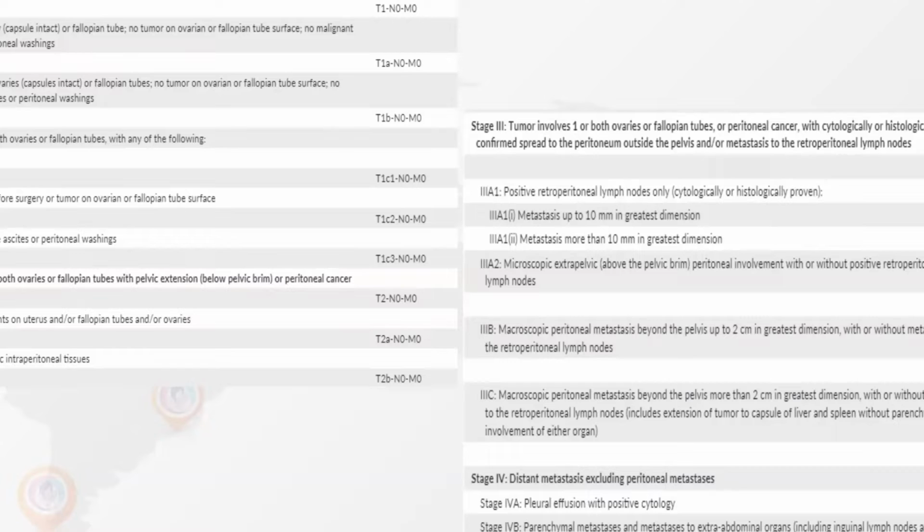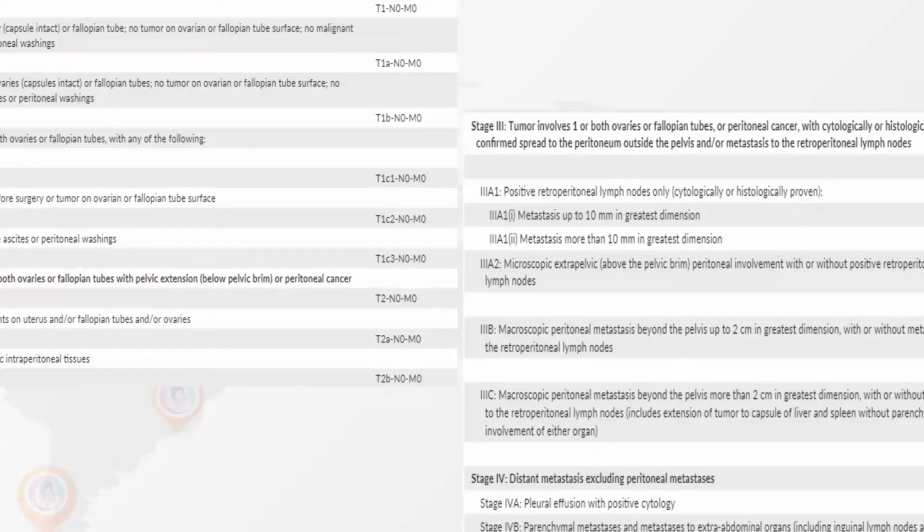So what is 3C? 3C is more than 2 centimeter. That means any peritoneal metastasis beyond the pelvis of more than 2 centimeter in greatest dimension. So if the question mentions that the patient has omental caking, what will be the staging? In case there is no other disease elsewhere or no other parenchymal metastasis, then the answer will be 3C. Omental caking is usually more than 2 centimeter, so it is usually a 3C disease.